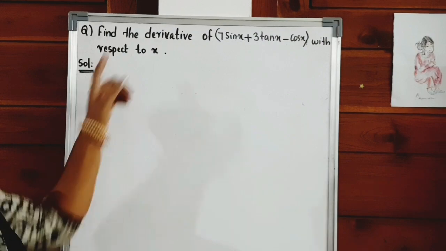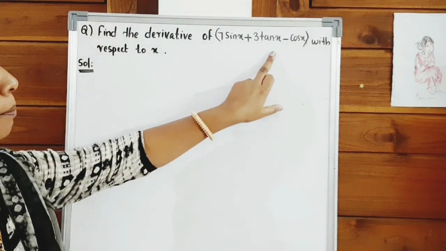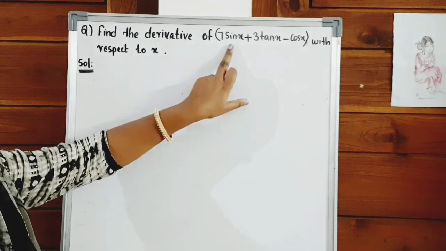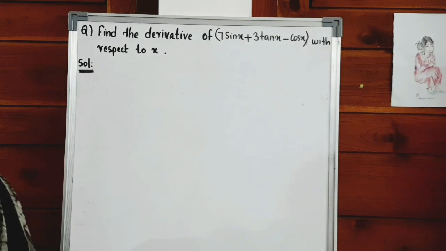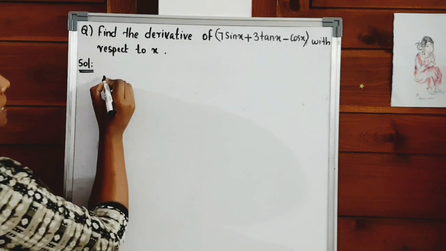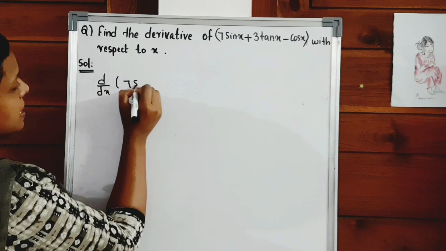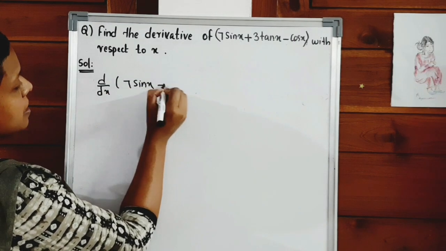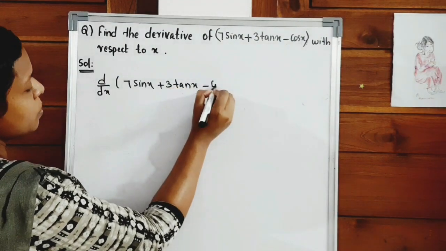Next problem. Find the derivative of 7 sin x plus 3 tan x minus cos x with respect to x. So we write it as d by dx of 7 sin x plus 3 tan x minus cos x.